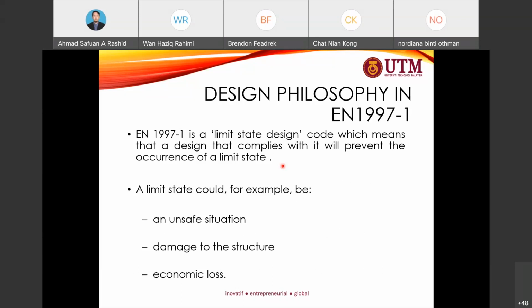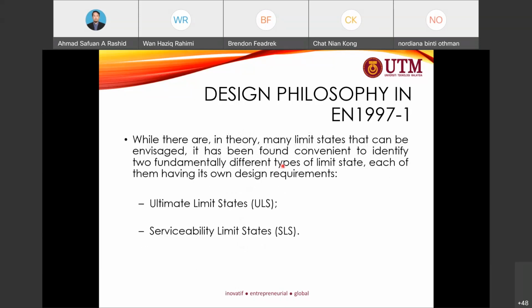While in theory many limit states can be envisaged, it has been found convenient to identify two fundamentally different types of limit state, each of them having its own design requirement.